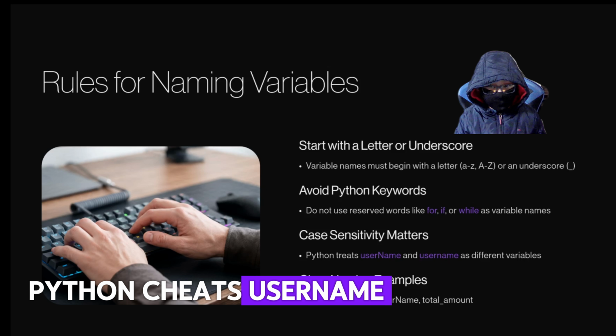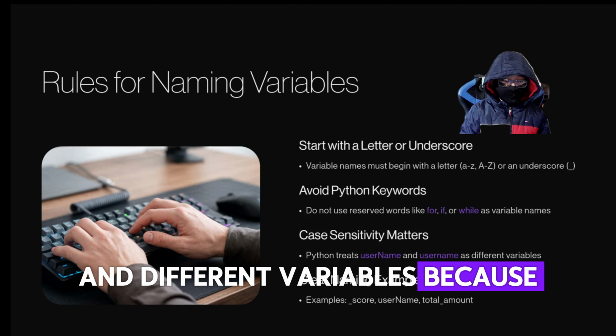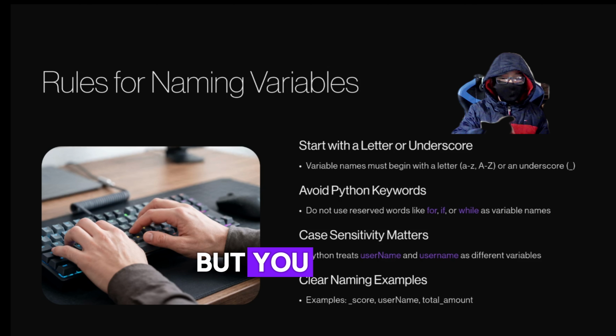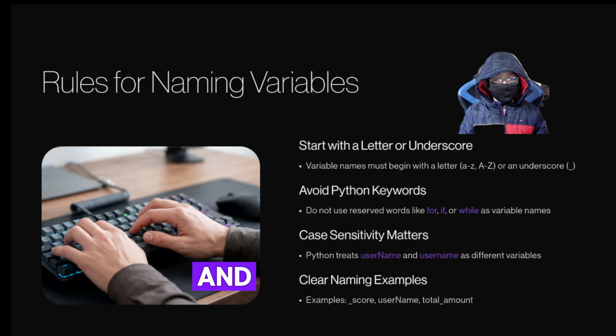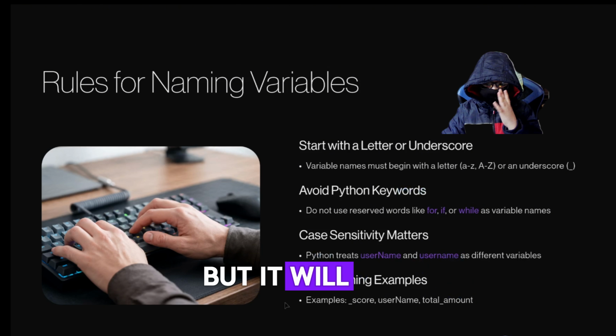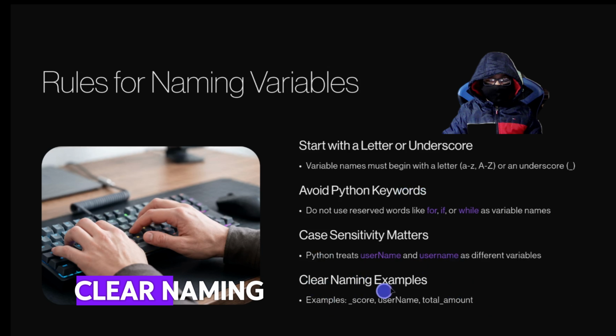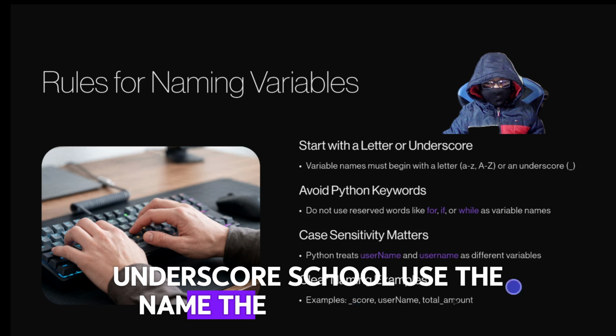Python treats username with different capitalization as different variables, because if you have a lowercase user and you put an uppercase letter, it might create an error. You can use this, but it will tell you over here. Clear naming examples: score, username, total amount.